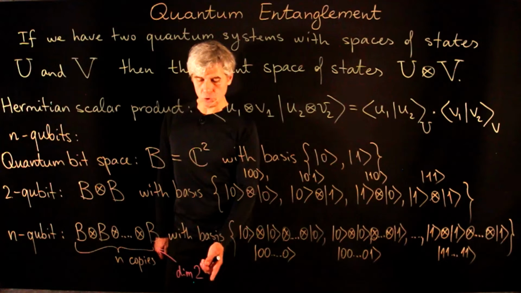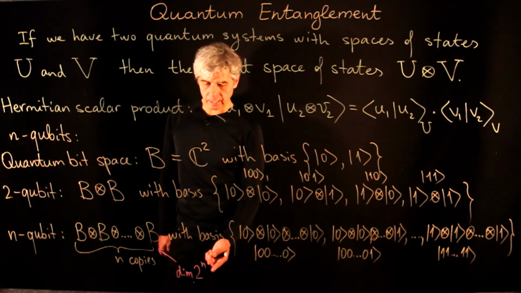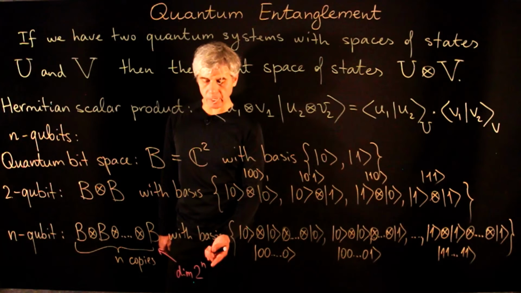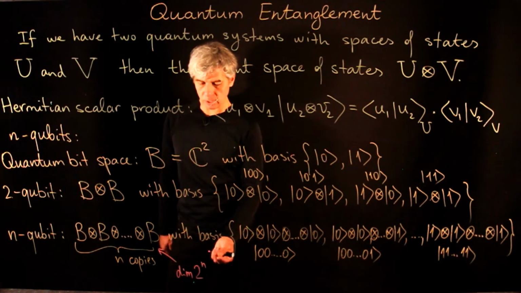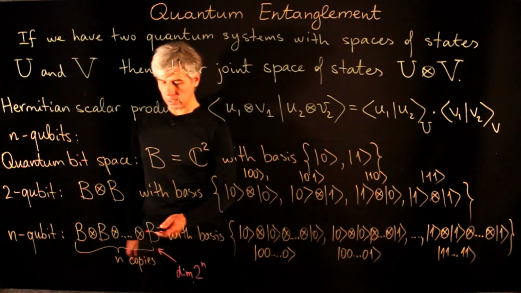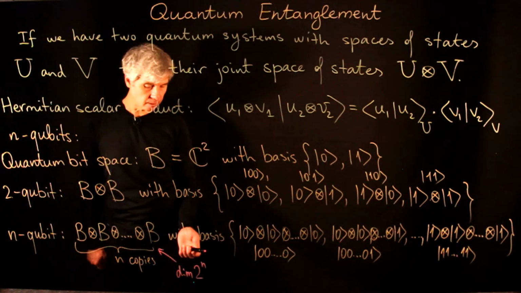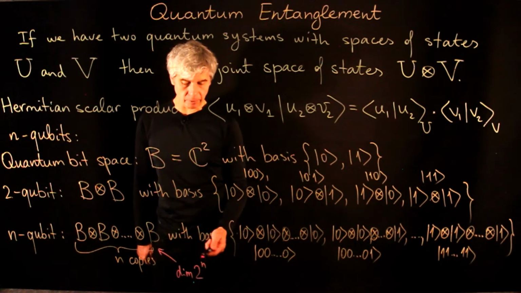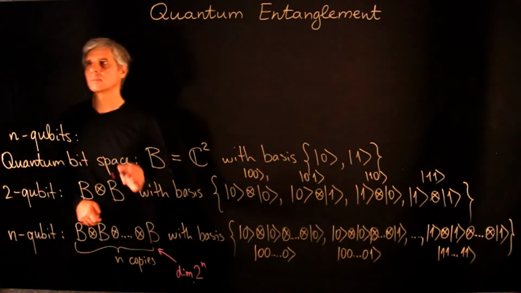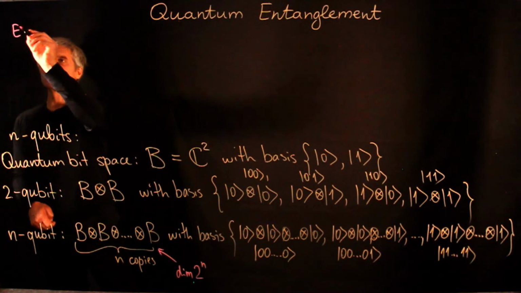And this is huge. This is what creates huge capacity for quantum memory. So this means that we can store tons of information in n particles, because the information capacity behaves exponentially here. So let's look at an example.